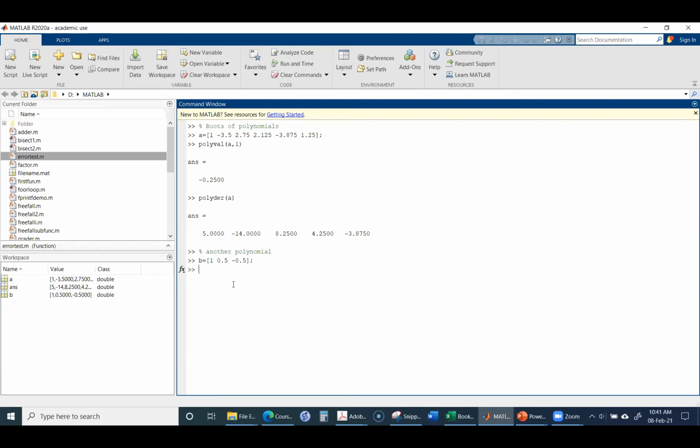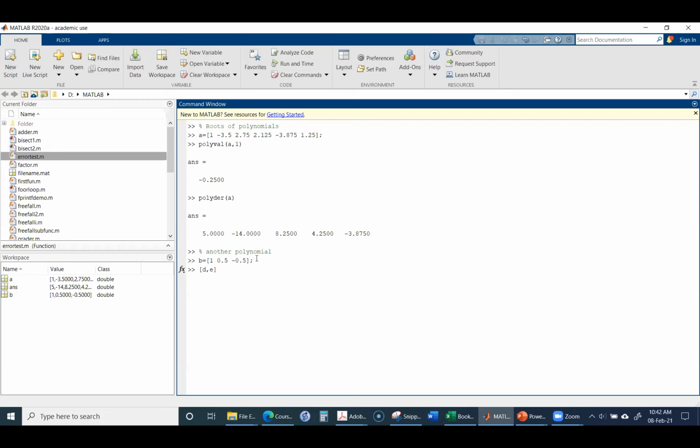We can also perform the division of polynomials. I have the first polynomial in 5th degree as a, and the second polynomial in 2nd degree as b. I can divide polynomial a by polynomial b, and that division will result in two values: the quotient, which we can represent by d, and the remainder, which we can represent by e.